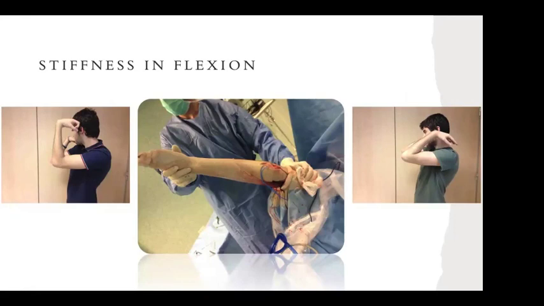This is a patient that had very neurotrophic changes in the elbow with stiffness, or a high degree of stiffness, in flexion. He also had very sweaty and clammy hands. And in this patient, I performed a single stage surgery with extensive ulnar nerve release, and he did well.